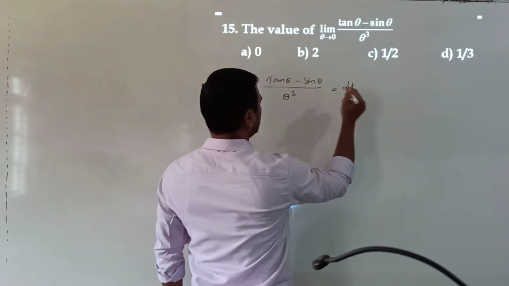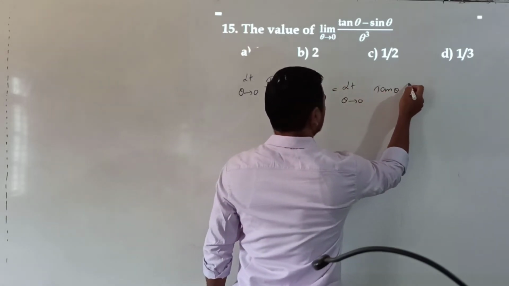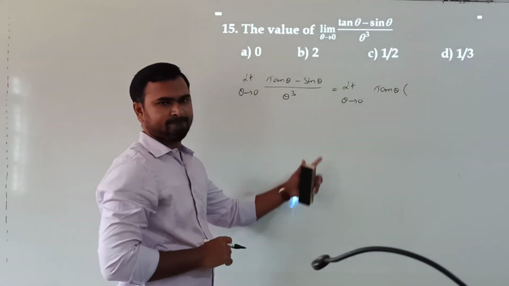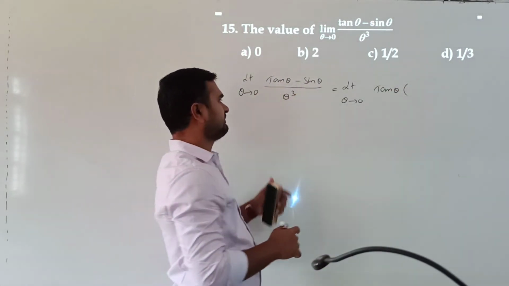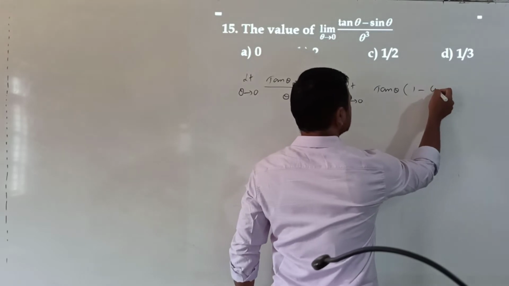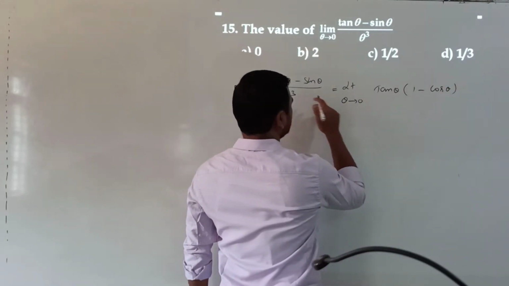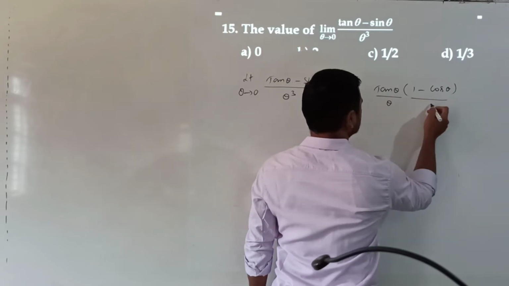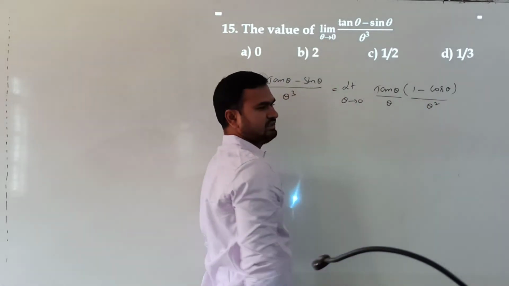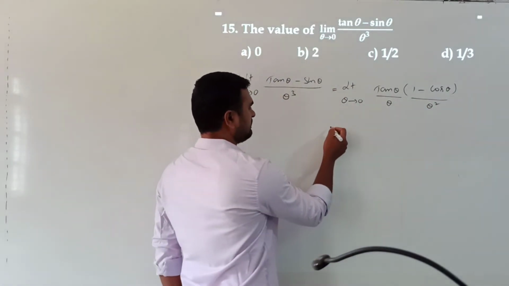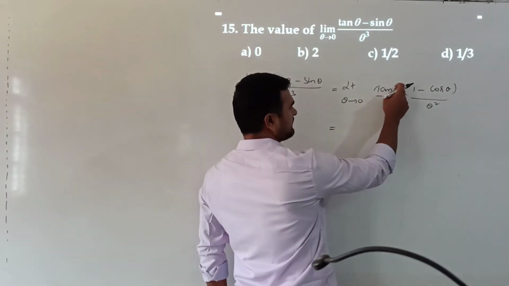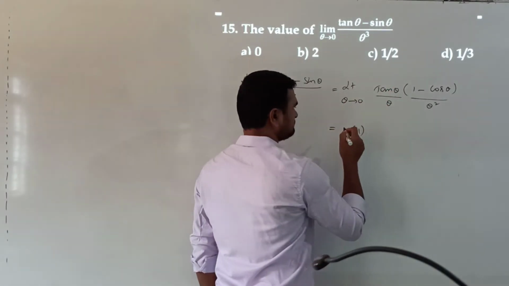So if I take tan theta common, what will be remaining? Tan theta is common. So here remaining is 1 minus cos theta divided by theta cube. I can write it as divided by theta into theta square. When theta tends to 0, tan theta by theta is 1.